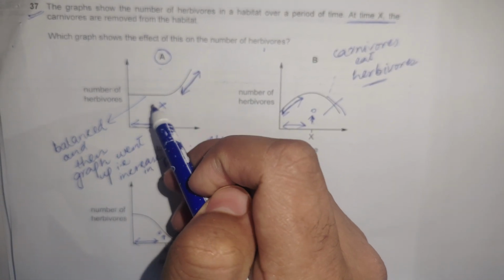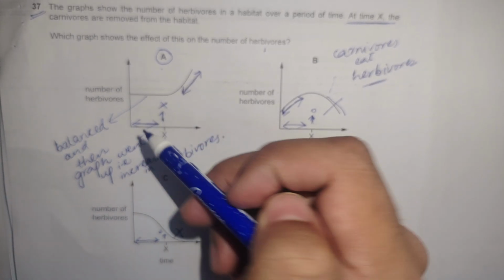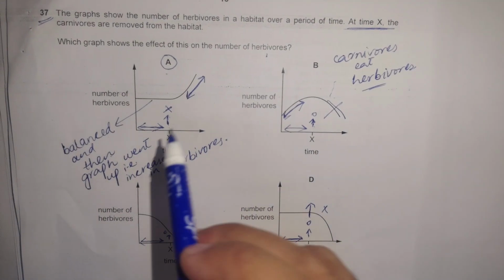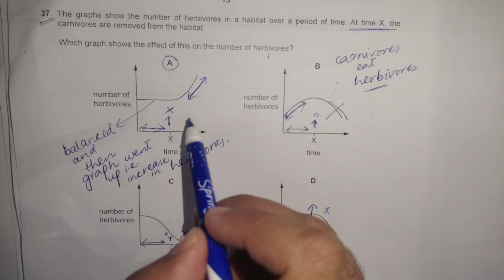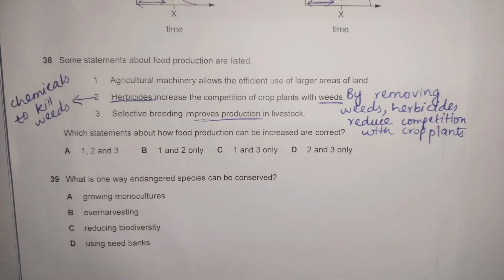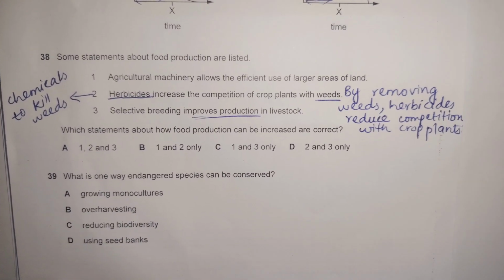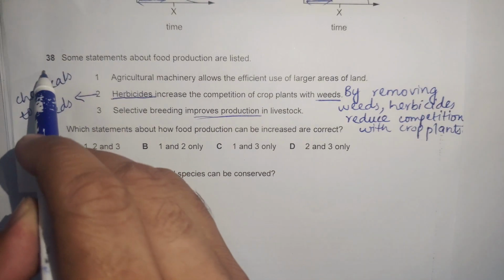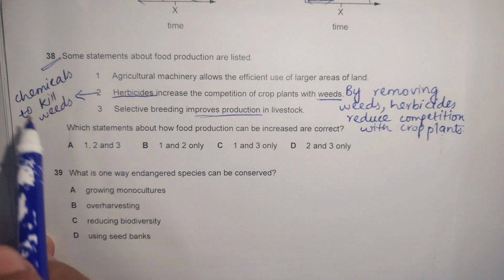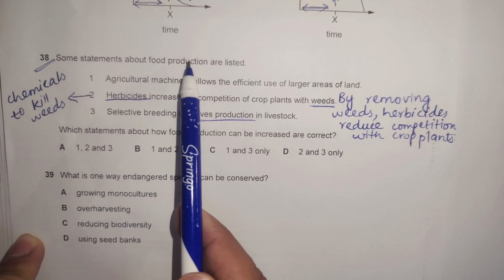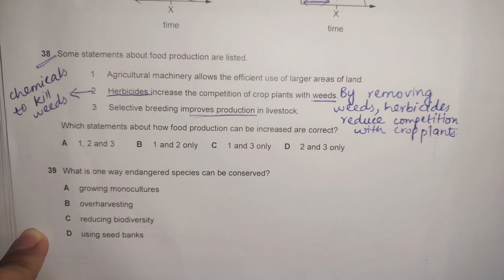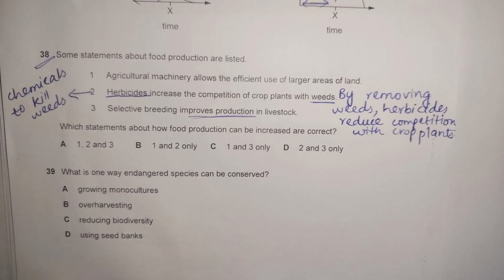Before X, herbivores and carnivores were in balance, but after X, after removal of carnivores, herbivores increased. So we have the next question, and that is question 38. The question says, some statements about food production are listed.